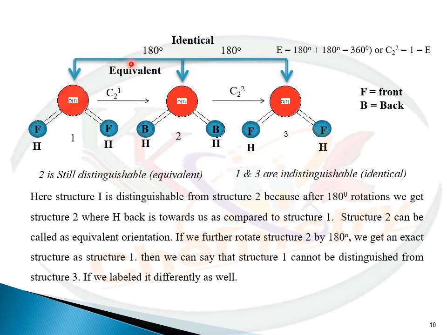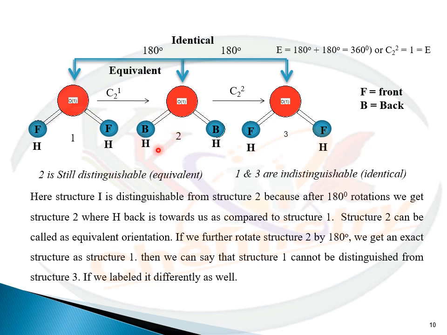If a C2 operation is applied on it, meaning a 180-degree rotation, we get an equivalent structure where the backs of both hydrogens are towards us. These two structures are not identical. Here is the back, here is the front. So these are called equivalent.